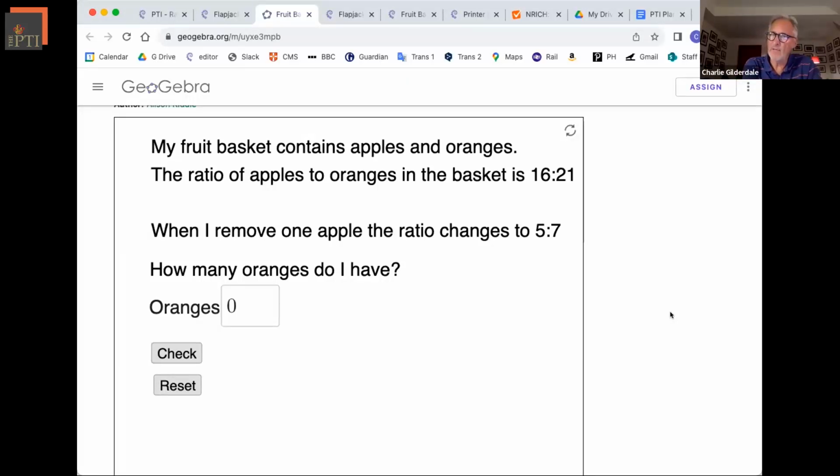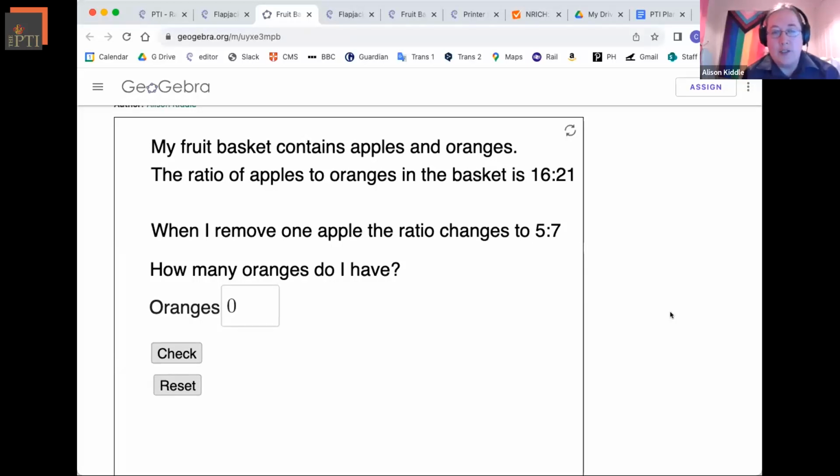5 to 7 is the same as 15 to 21. And you do have a conjecture about how to solve all these problems. I think that the number of oranges, so you said that it had to be a multiple of the number of oranges in both of them. I think specifically it's the lowest common multiple.